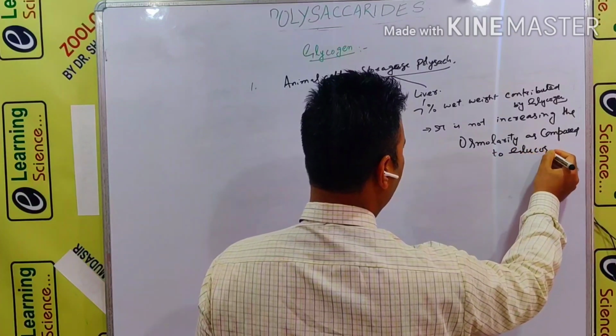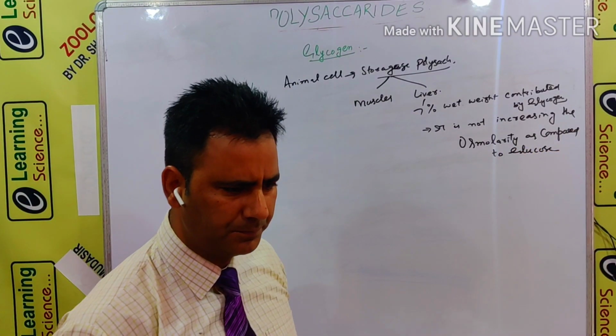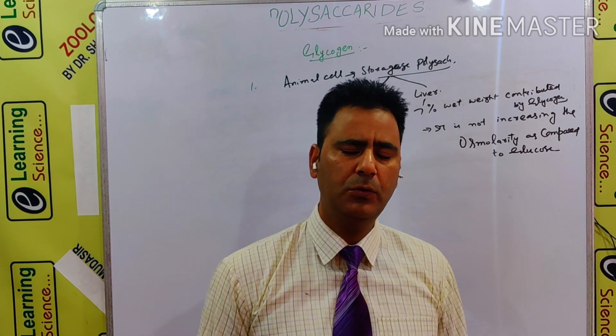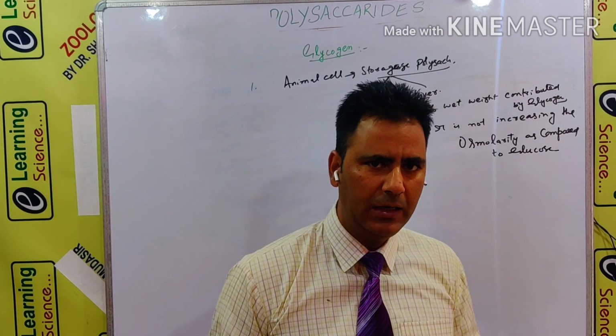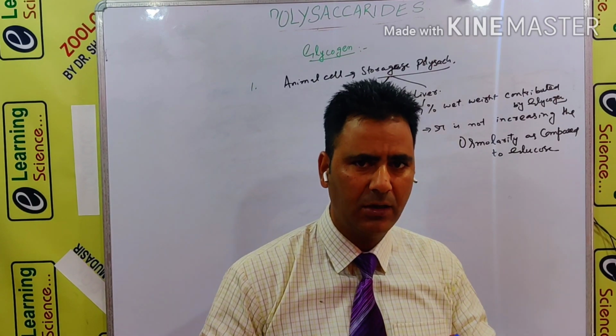For example, if the liver were storing glucose, the osmolarity would have increased. And what will happen with the increased osmolarity?